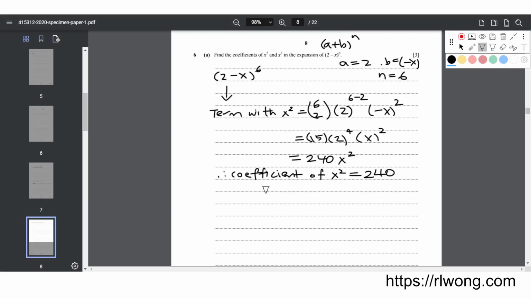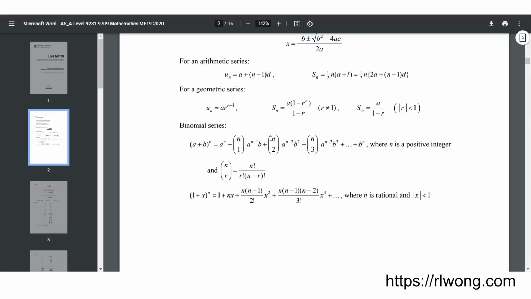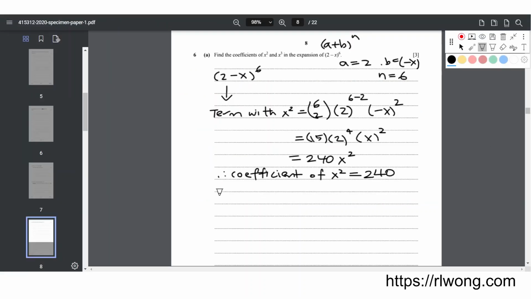Alright, next I'm going to do exactly the same thing for x cubed. So for x cubed, I'll make use of this here: n choose 3, a to the power of n minus 3, b cubed. So let me write, the term with x cubed is equal to 6 choose 3, 2 to the power of 6 minus 3, times minus x cubed.